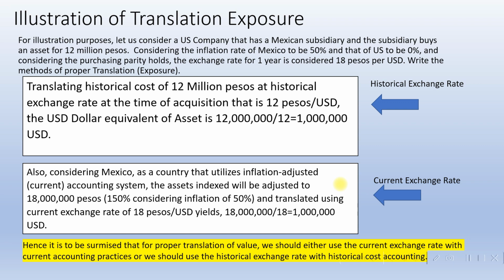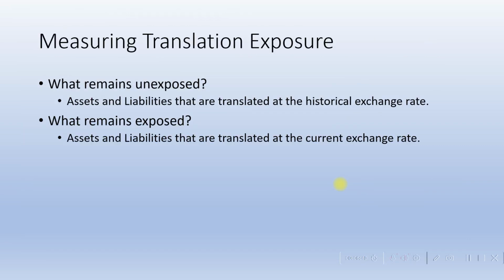Next, we are trying to measure translation exposure. In short, translation exposure measures the after effects of an exchange rate on the published financial statements of a firm, where we consider the translations based on assets and liabilities held by a firm in its balance sheet.